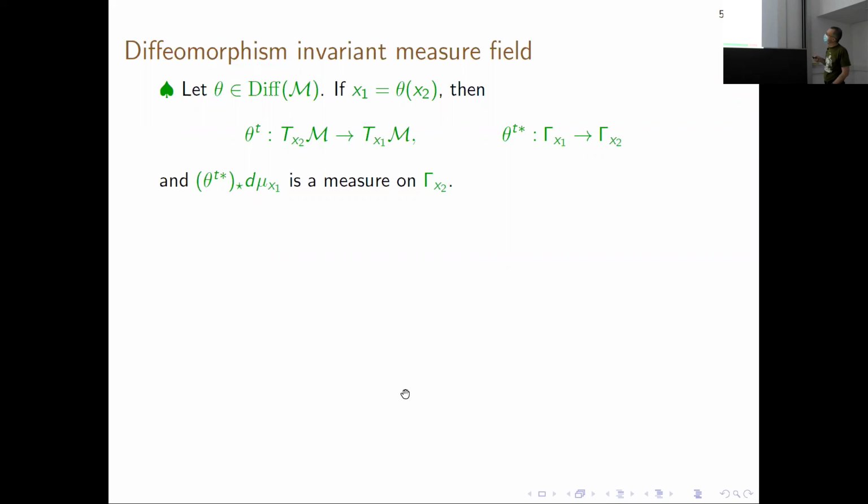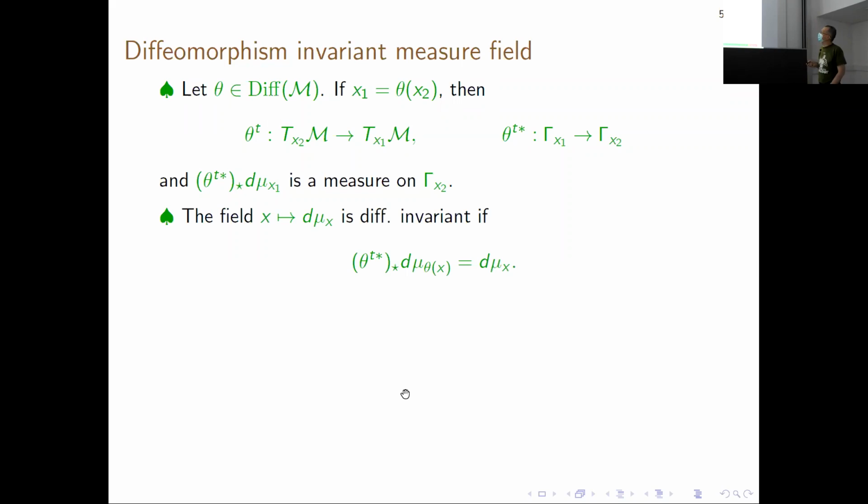So, using this tangent map, I can pull back scalar products defined on this tangent space to scalar products defined on this tangent space. So this is this pullback. And now if I have a measure mu x1 defined on the set gamma x1, then I can push forward this measure to a measure on this set.